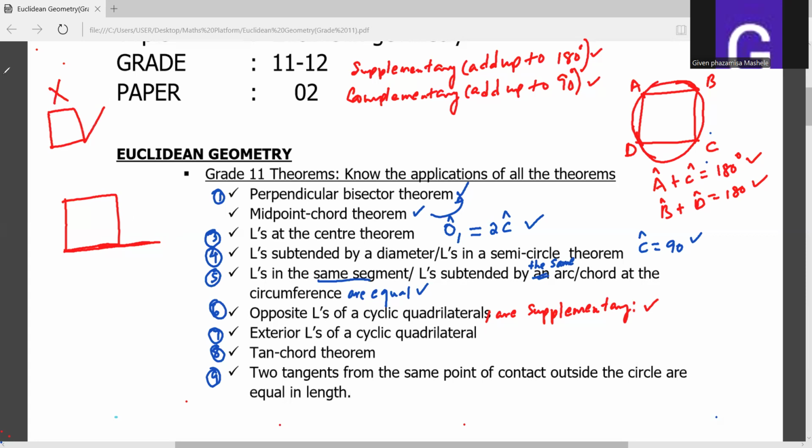So what does this mean? It means that if you have a four-sided figure and a straight line is produced from that quadrilateral, and there is a circle passing through that quadrilateral, then let me construct the circle.